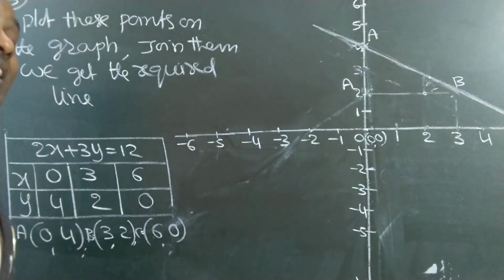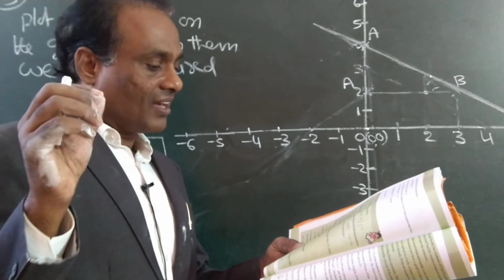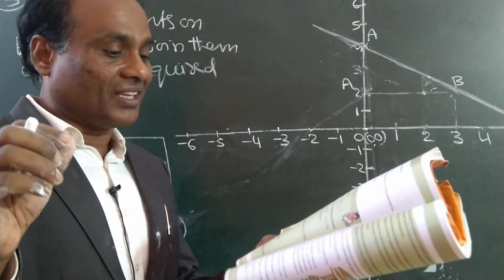After drawing the graph, two more questions are asked like the previous one. From the graph, find the solution whose y coordinate is 3.